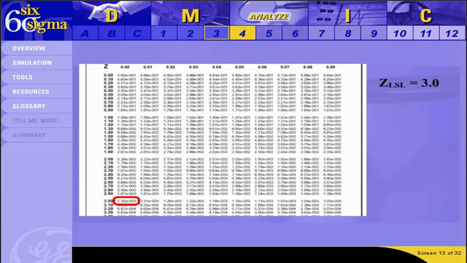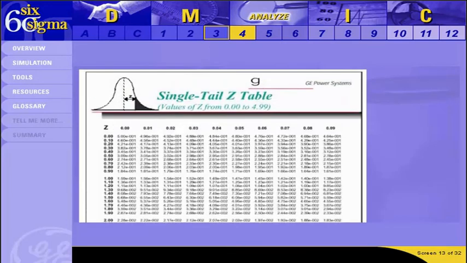The entry in that column is 1.35 E minus 003, or 0.135%. This indicates a P parenthesis D, or probability of a defect, of 0.135% by falling below the lower spec limit. So we have our value for the lower spec limit.